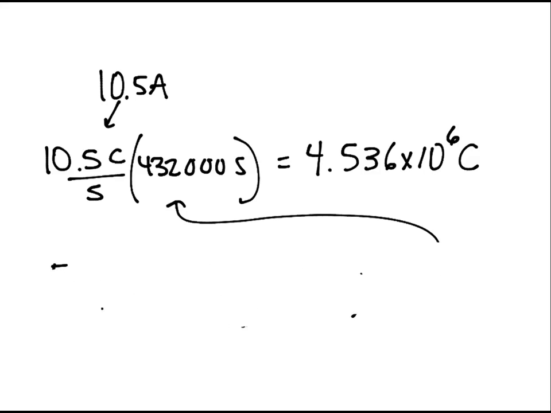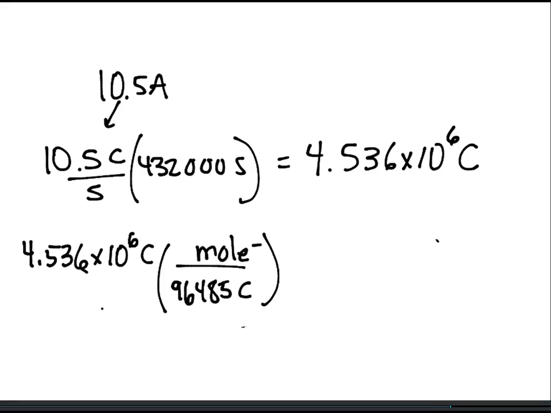Now we're going to take those coulombs, and remember Faraday's constant, which is on your yellow sheet. You use it when you're converting potential into delta G, or delta G into electrical potential, but we also use that number because it is the number of coulombs in 1 mole of electrons. The number on the sheet is actually 96,500.